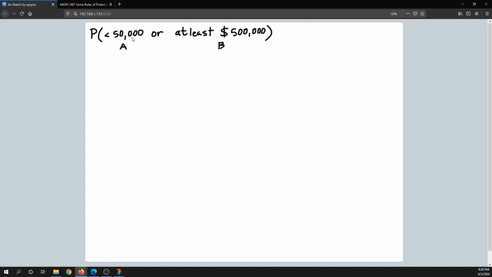You can't have less than $50,000 and then also at the same time have at least 500,000, right? That's impossible. So these events are mutually exclusive. So in this case, we can use the special addition rule.